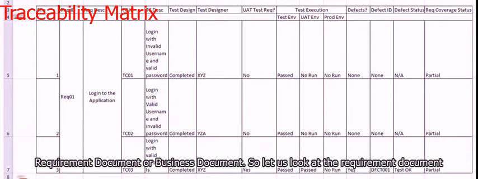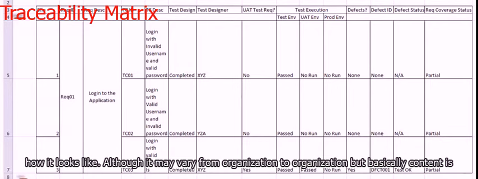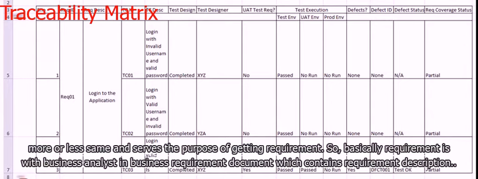So let us look at the requirement document, how it looks like, although it may vary from organization to organization, but basically the content is more or less the same and serves the purpose of getting the requirement. So basically the business requirement document is with the business analyst and carries requirement ID and requirement description.